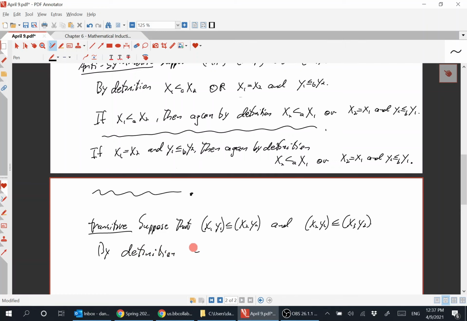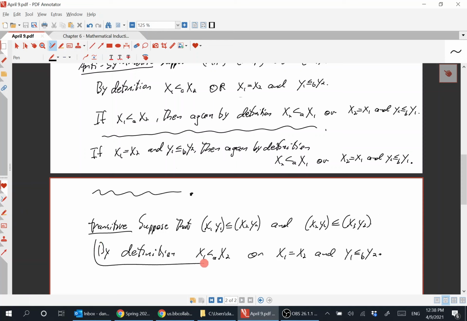if x1 is less than x2 or x1 equals x2 and y1 is less than or equal to in B, y2. Why?